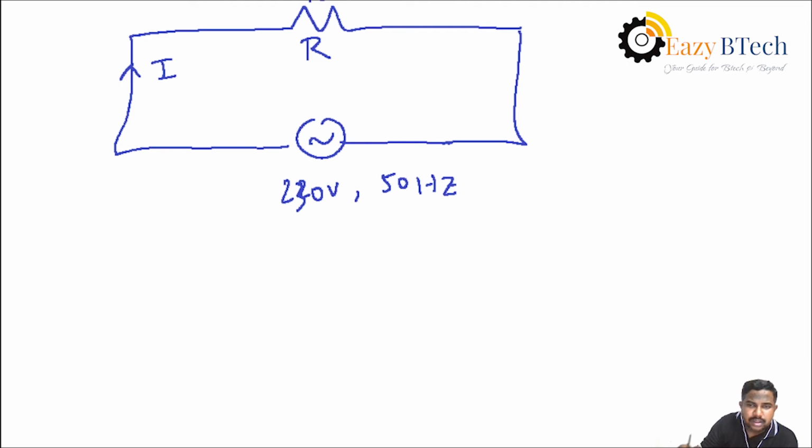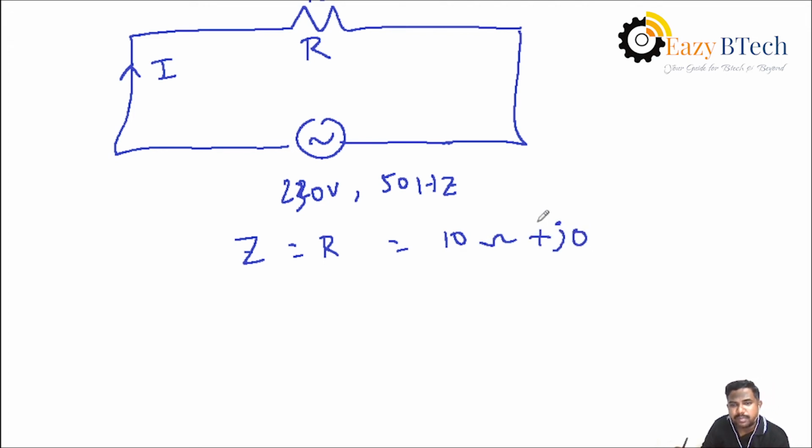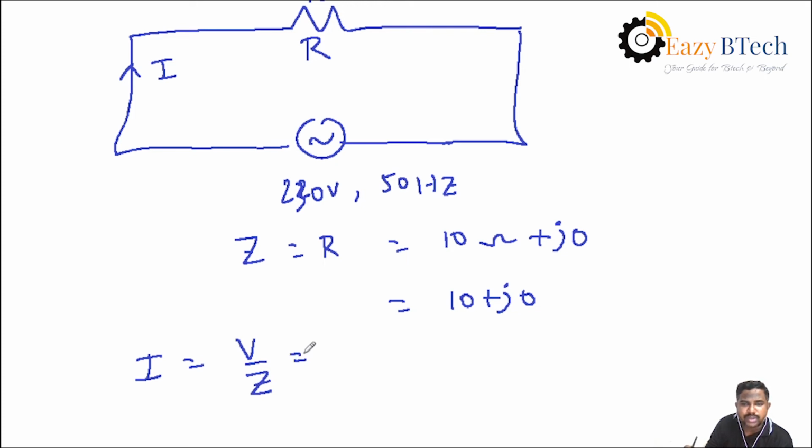Here the simple circuit consists of only resistance. Then the total impedance value is Z equal to R. There are no reactive components, that's why there is no imaginary part. The total impedance value in this AC circuit is 10 plus J0. From that, we have to find the total current passing through the circuit.